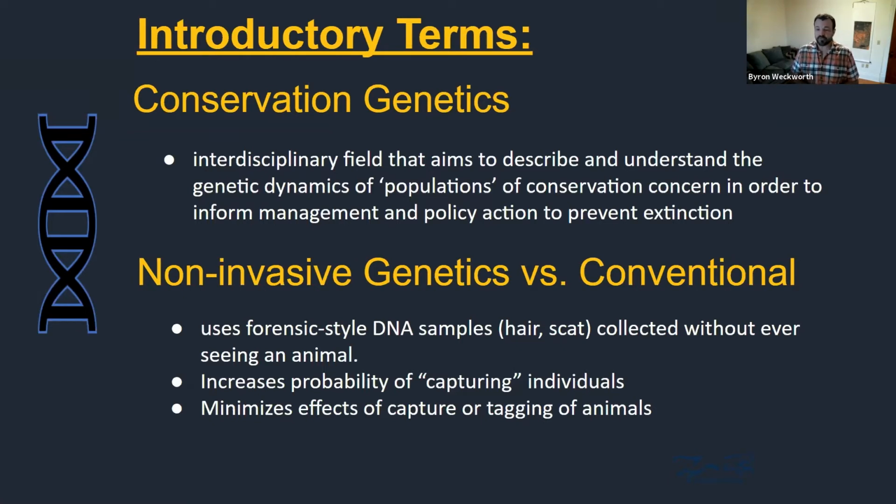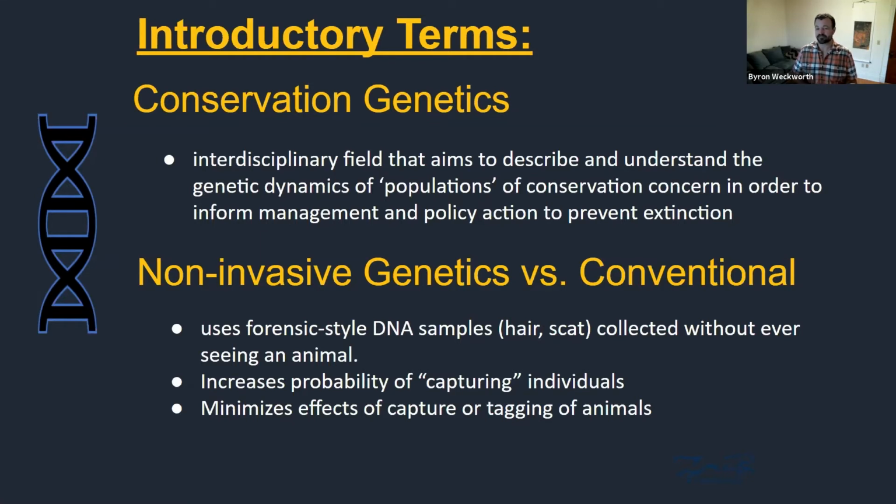But what we usually mean by conventional, what that is an alternative to, is conventional would be having muscle, hair, or skin or some other tissue sample that you actually have to have an animal in hand to collect, blood, of course, like blood from captures, something like that. Non-invasive genetics, on the other hand, is something that we get in a sort of a forensic style sample, hair, scat that we collect without ever actually having to see the animal. And that works really well, obviously, for snow leopards. It works well across the whole host of other organisms.